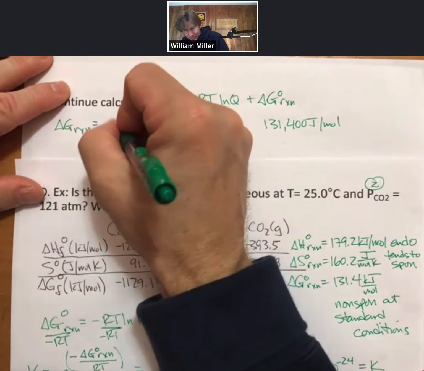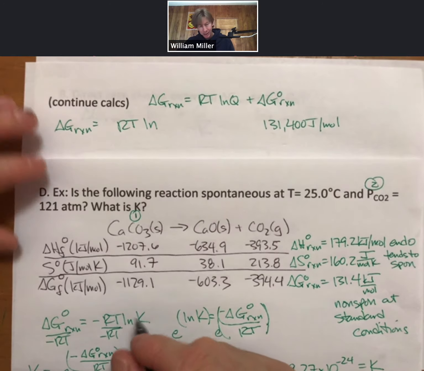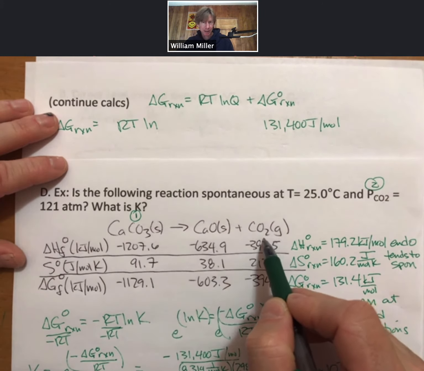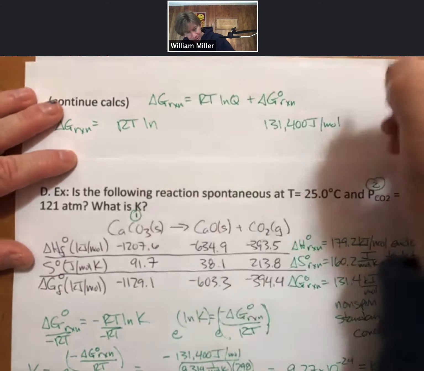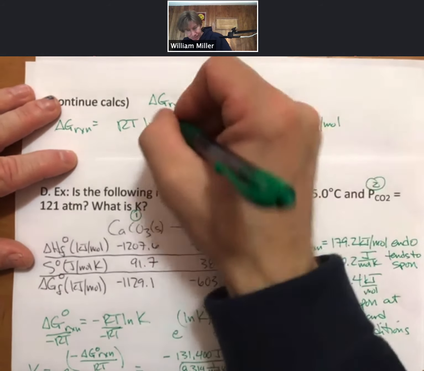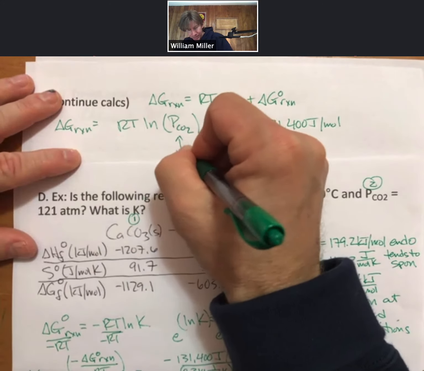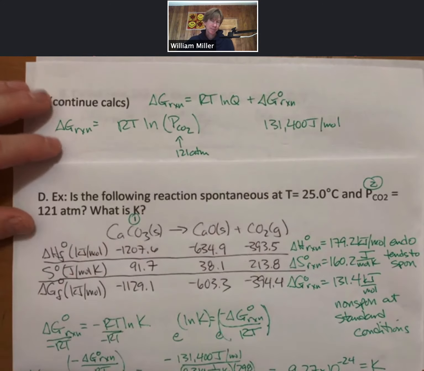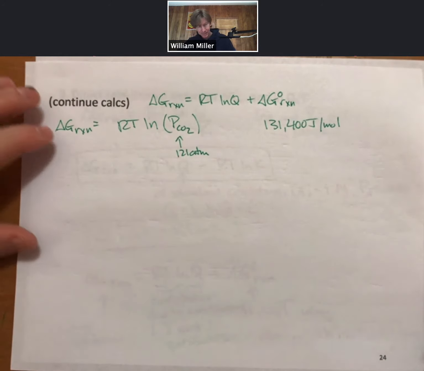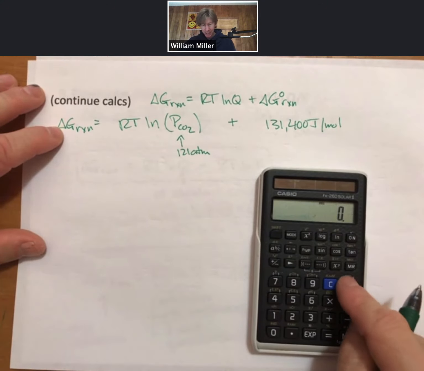My RT, ln, and now my Q. Q is products over reactants, so this is a product. My Q is just the partial pressure of CO2. And so I'm going to plug in 121 atmospheres here. It does have to be in atmospheres, actually. And add my 131,400.